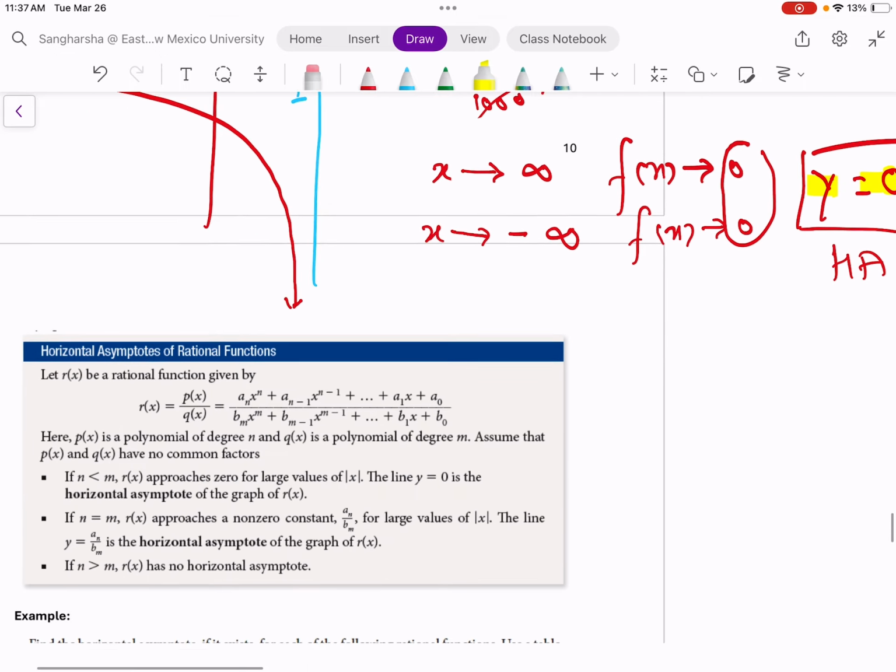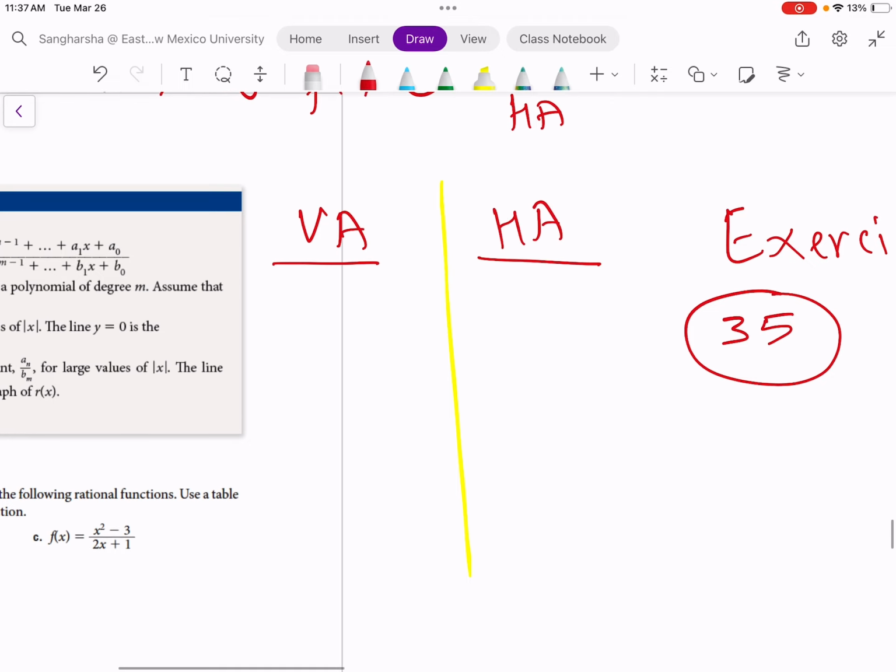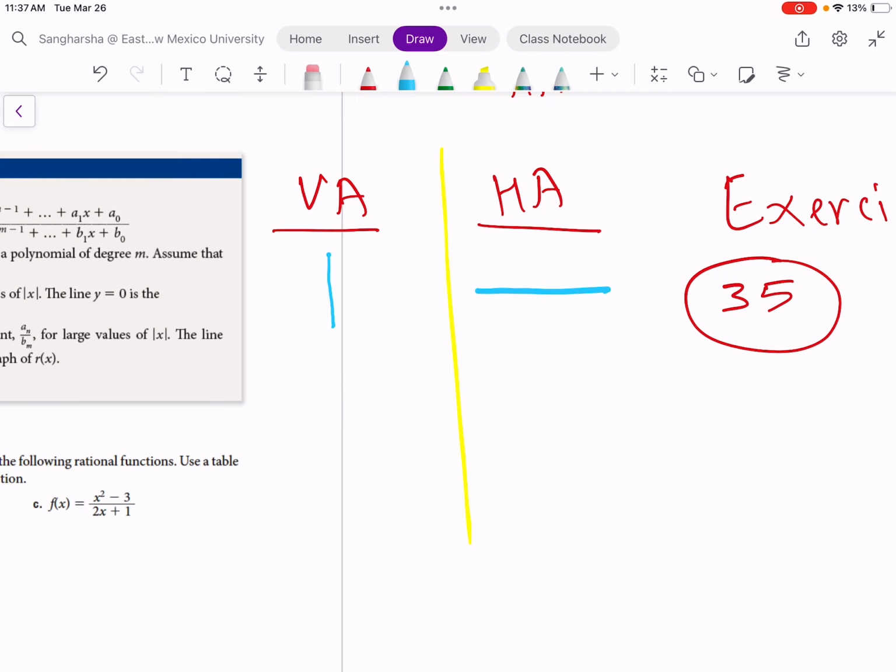Okay, so if we compare these two things, we have the vertical asymptote and the horizontal asymptote, right? The very first difference is that a vertical asymptote is a vertical line, and the horizontal asymptote is a horizontal line. That's the very first difference. Now for the vertical asymptote, you choose a number.